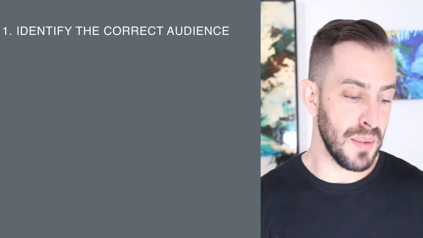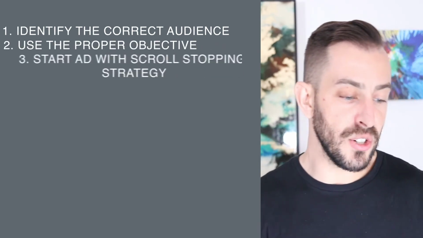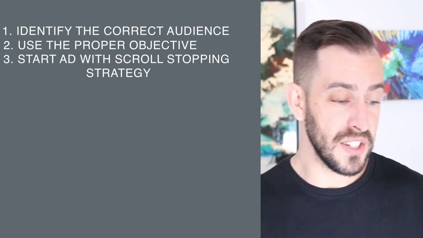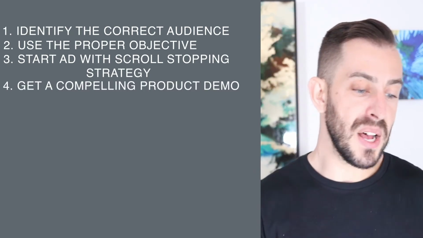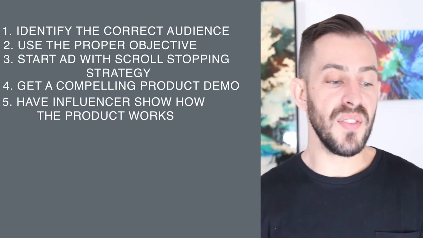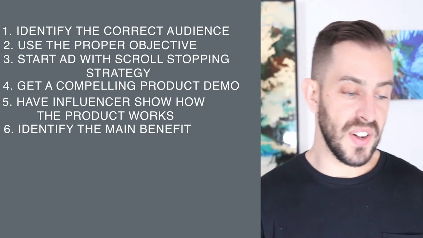All right, now let's review the 10 steps. I'll look at my notes here. I showed you how to identify the correct audience, step 1. I showed you step 2, use the proper objective. Step 3, I showed you how to start the ad with the scroll stopping strategy. Remember the 3 scroll stopping strategies. I showed you step 4, get a compelling product demonstration, ideally from an influencer. Then we went to step 5, have influencers show how the product works. Then we went to step 6, identify the main benefit.